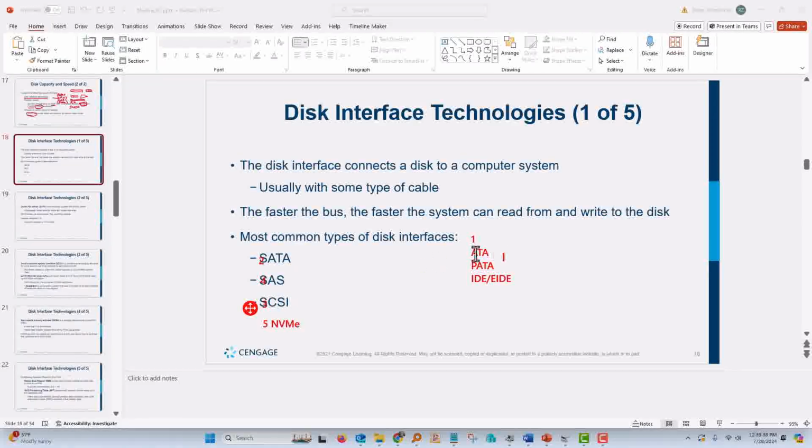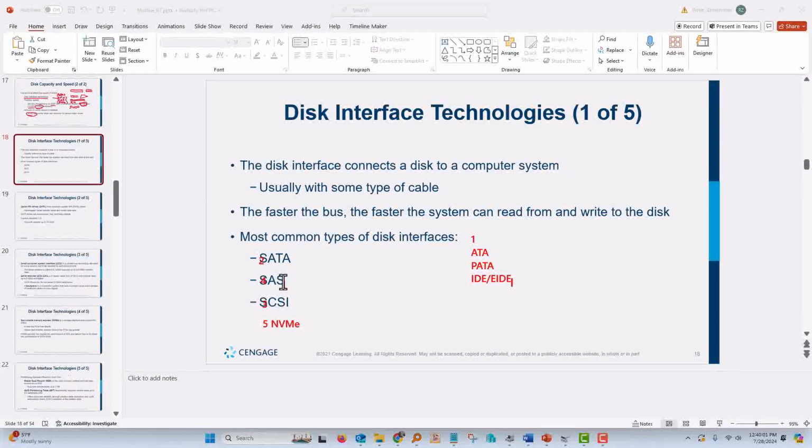But again, we really no longer use these. We no longer very often see the old ATAs. We no longer really see SCSI. We do see SATA drives, and both solid state and magnetic drives are very commonly SATA drives.